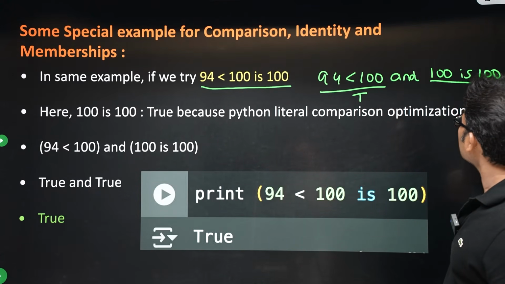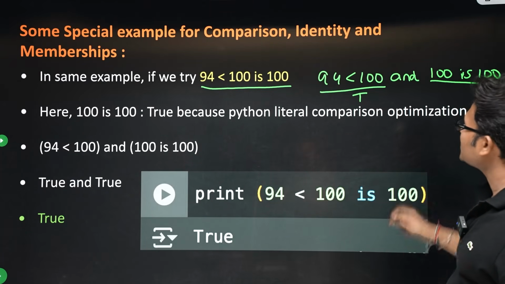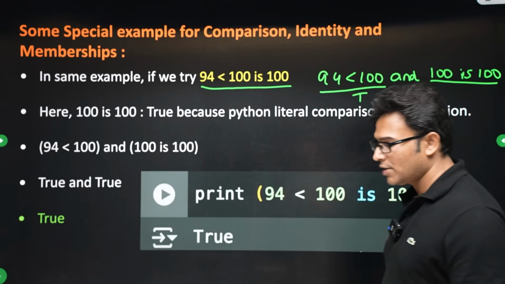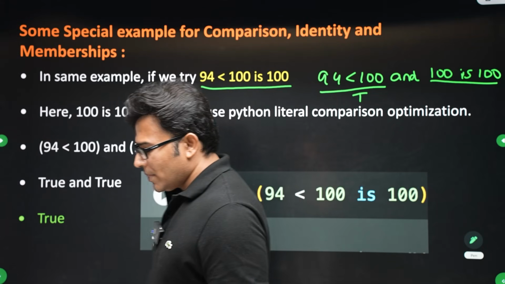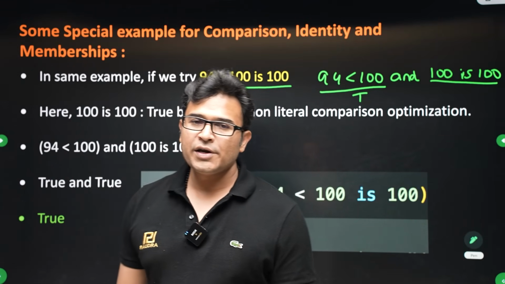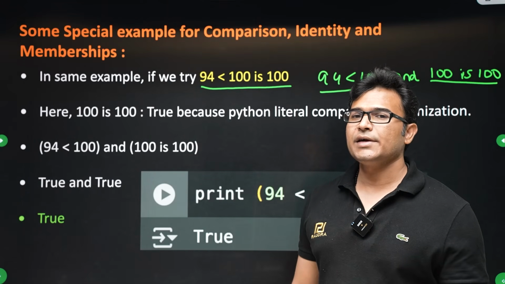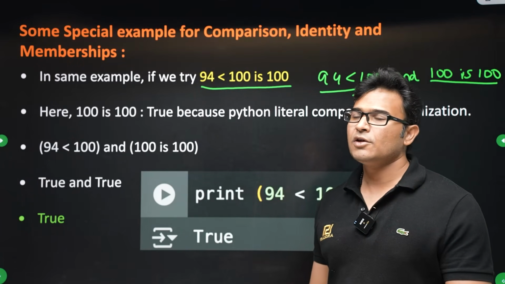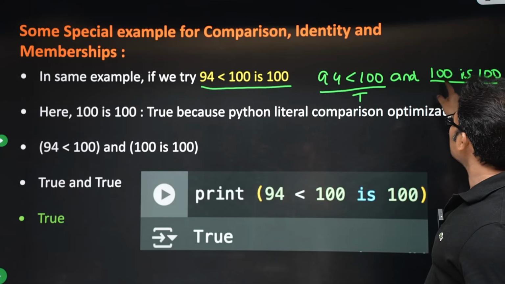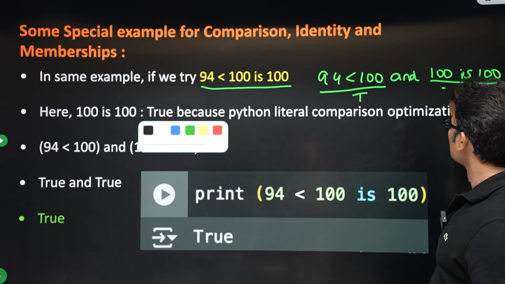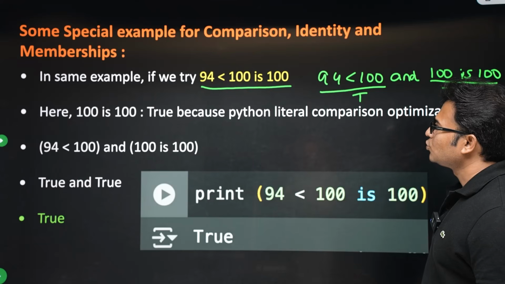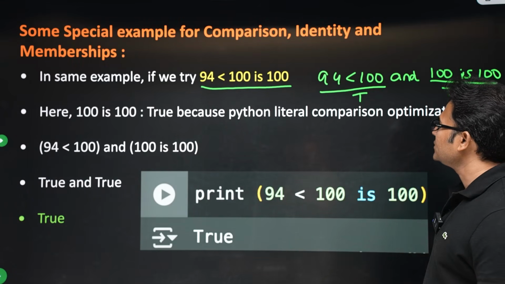And 100 is 100 because when literals are used, not the variables, and if the literals are repeated, then in that case interning can be done. Therefore same object will be created. That is why it is also true. So that is why the ultimate answer is true.